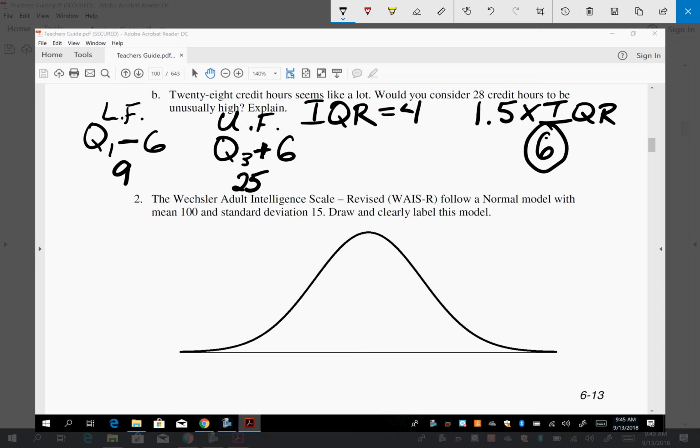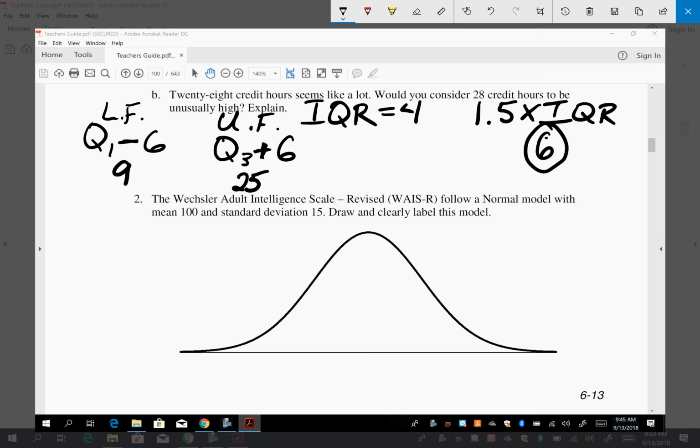Could there be data values between 5 and 9 and between 25 and 28? Yes, I don't know if there are, but there could be. So that's why I say at least. We have at least 2, 1 in the high direction, 1 in the low direction. There could be more. I don't have all the data. I didn't count you off on that on the test, but that's definitely something that as you get better and better at stats, you'll be thinking about: I don't know if there's more, but I know there's at least this one. Okay?